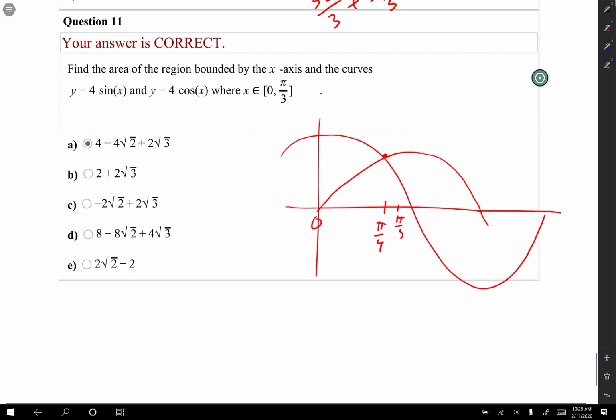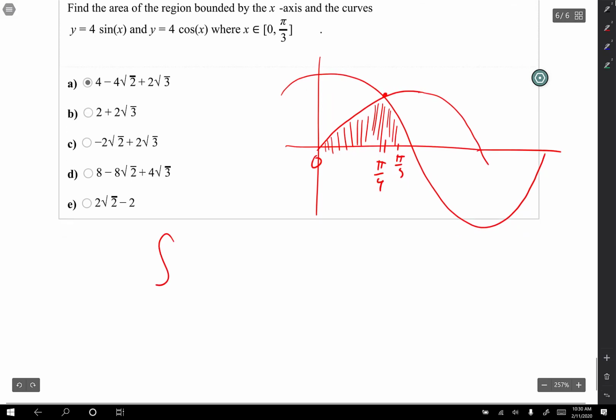So we want the region bounded by the x-axis and the curves. So I'm going to integrate 0 to pi over 4 for sine x dx, and then between pi over 4 and pi over 3 for cosine x dx.